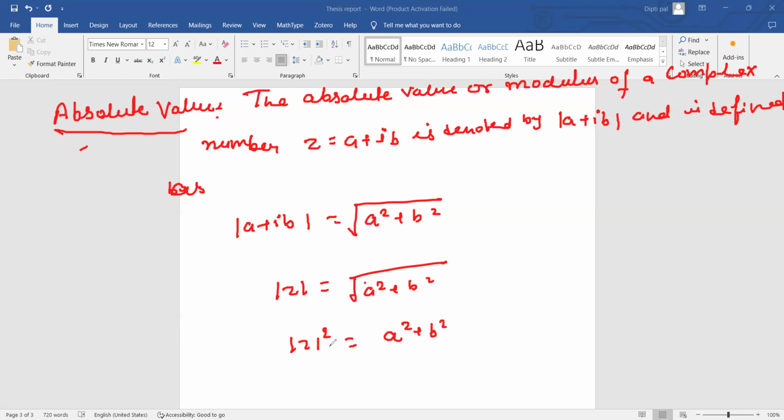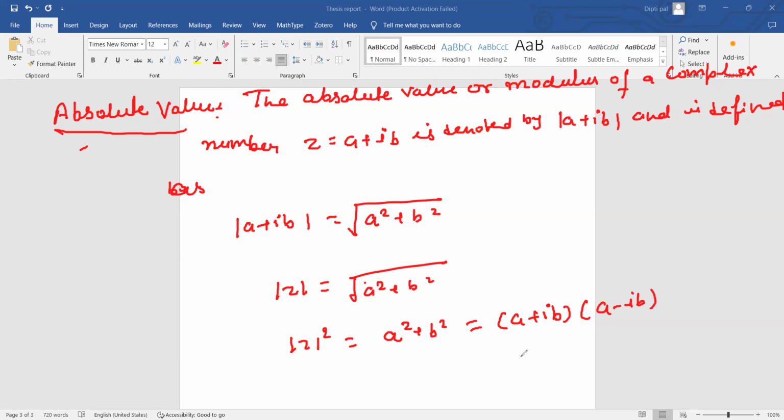So we can write it as z square means a plus ib into a minus ib.